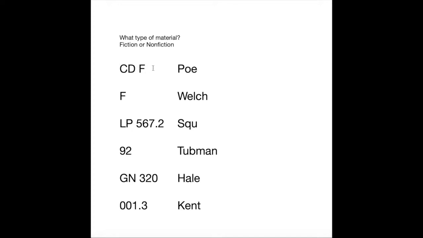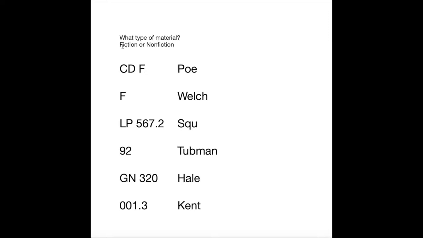A lot of times I'll have a kid say to me, here's the call number, Mrs. Squires, and they won't have this part. They'll give me CDF. Well, all they're telling me is they want something that's located in our books on CD, and it's fiction. It doesn't give me the author's last name, which is really important, because if I don't have the author's last name, I have no idea of knowing exactly where that material is.